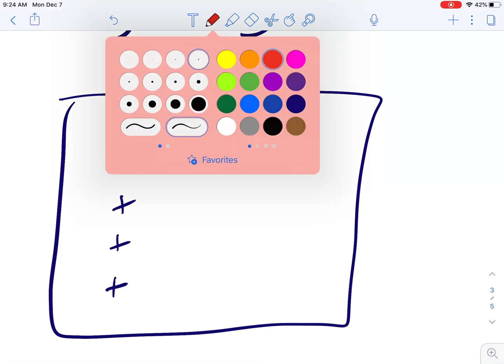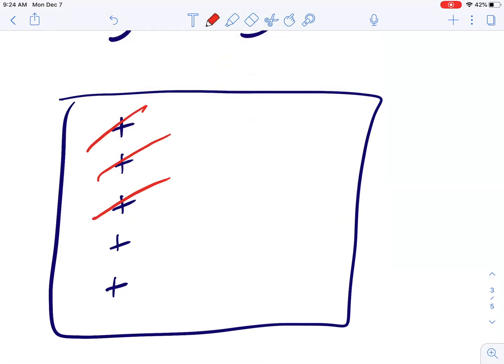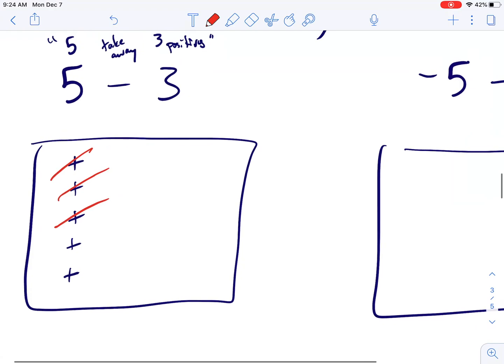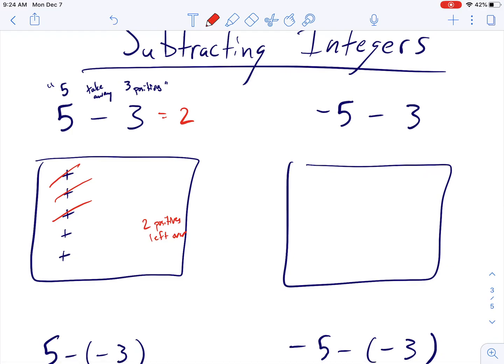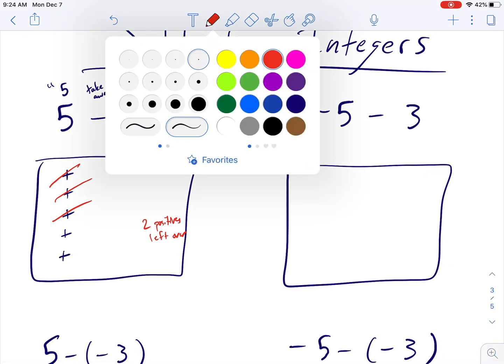I'm going to take those away. So take away 1, 2, and 3. Then you ask yourself, what is left over? So you have 2 positives left over. So our answer is 2.